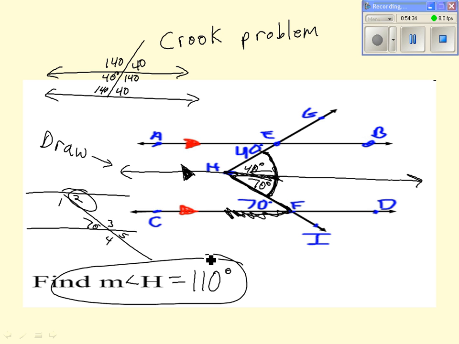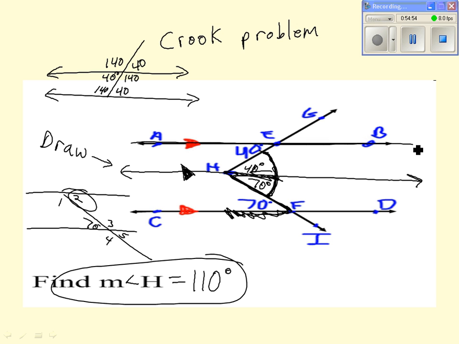So that's just sort of a crazy problem. What this is used for in engineering or surveying a lot of times is they'll have an angle somewhere, maybe at the corner of a property, and it might not be exactly a right angle.